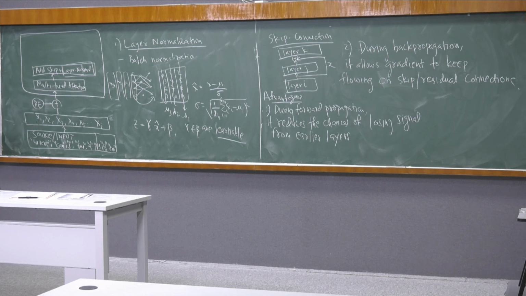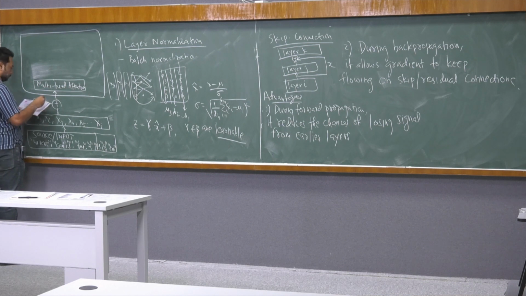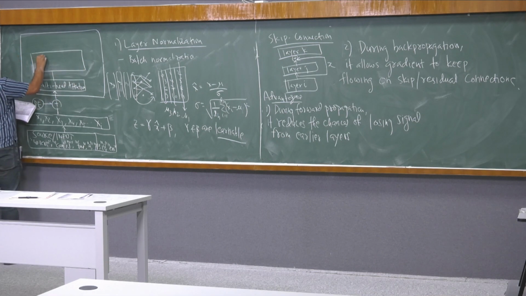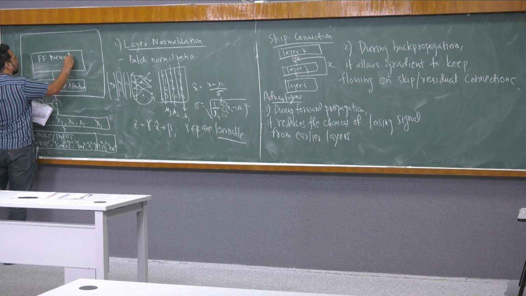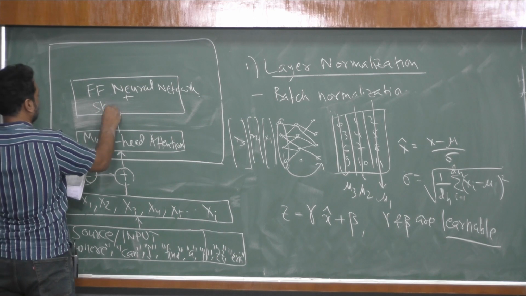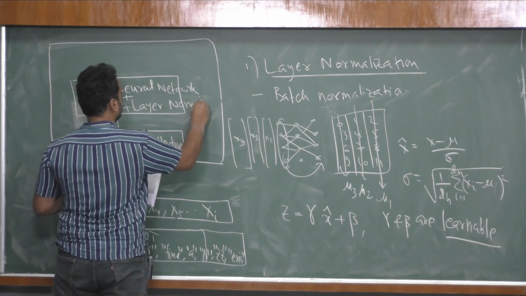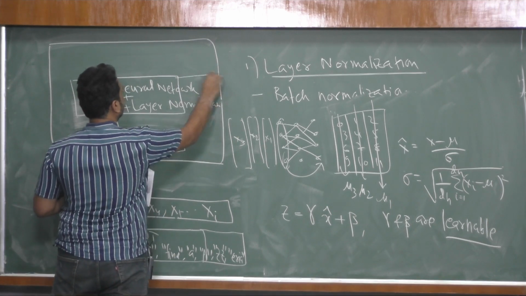So we can replace this with a feed forward neural network, and then we have skip connections added plus layer normalizations added.